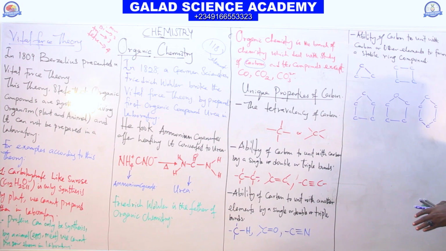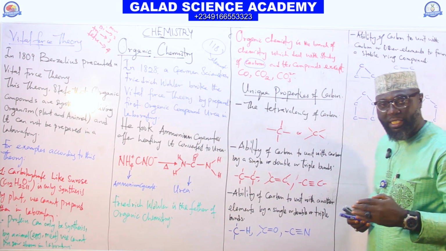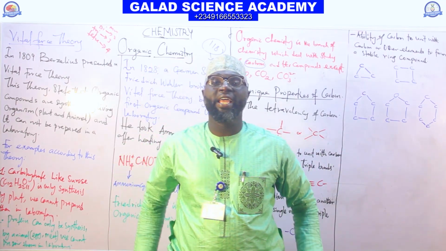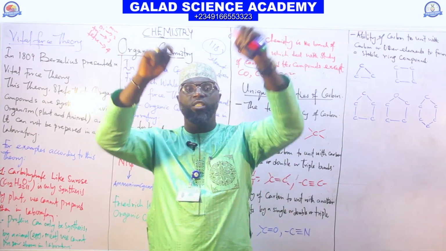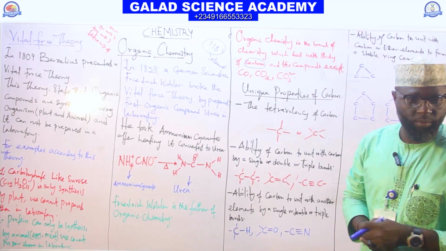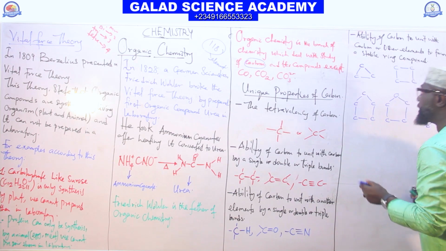And the last one is the ability of carbon to unite with another carbon or other elements to form a long chain, which is called catenation. Let's check it.